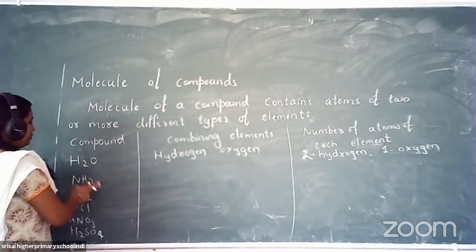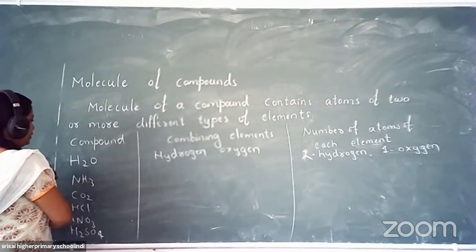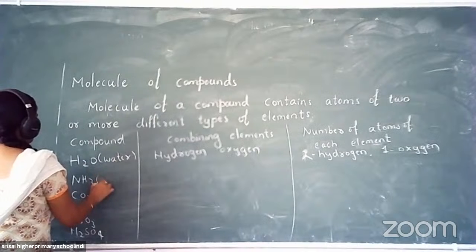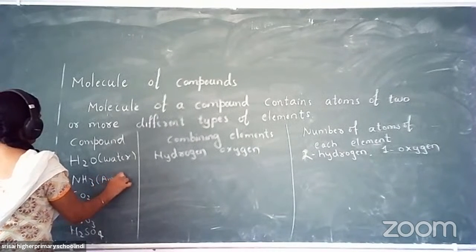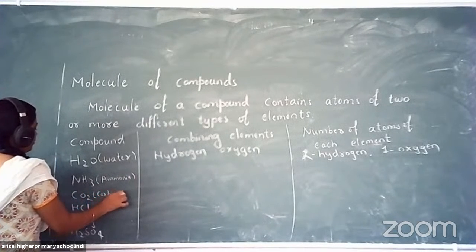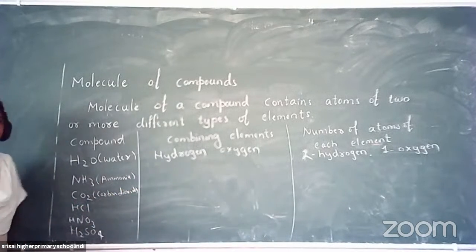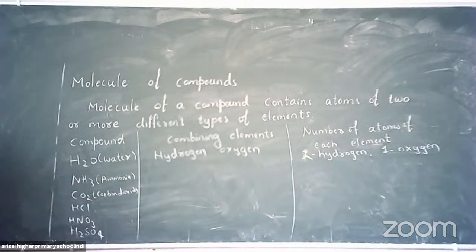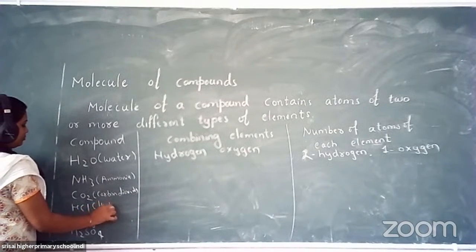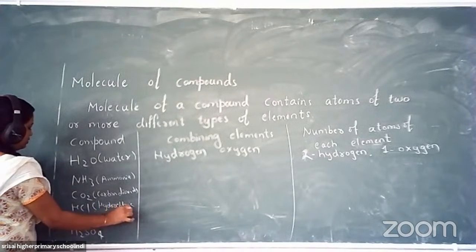Now we write, NH3 means what is that here? Ammonia. NH3 means ammonia. If you do not understand, you can write in front of that water and ammonia and carbon dioxide. HCl means hydrochloric acid.